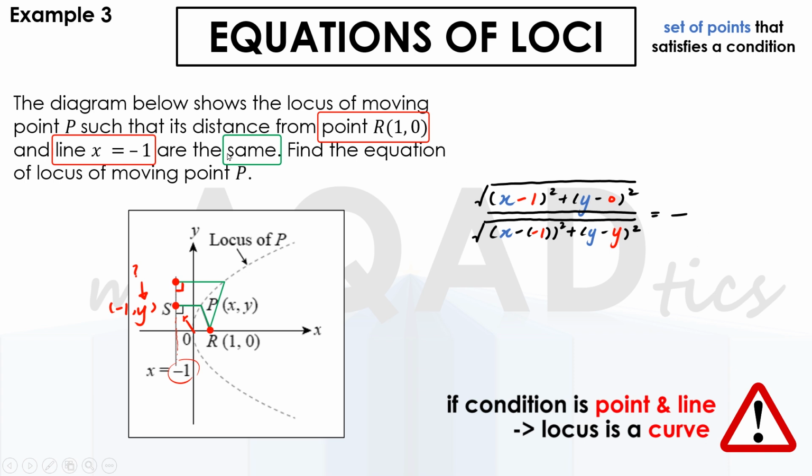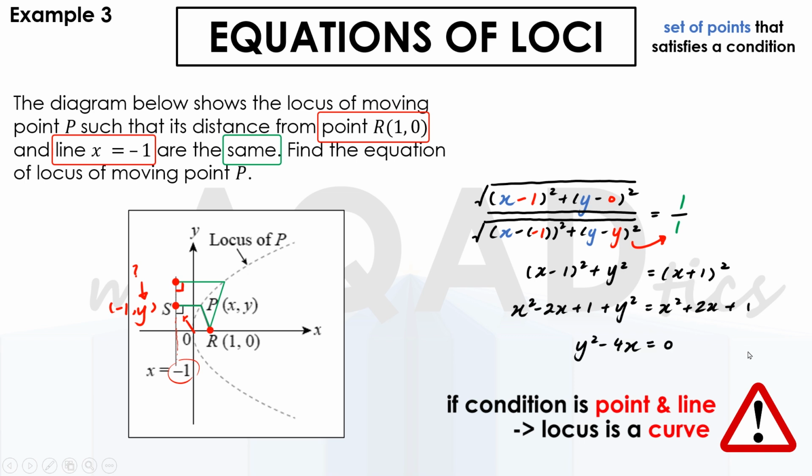Because the distances for both point R and the line must be the same, the numerator and denominator need to have the same value. The rest of the working is just simplifying. So the denominator goes to the right side, and then we square the whole equation. It will be something like this, and then move everything to the left side, and you'll see that your final answer is a curve equation.